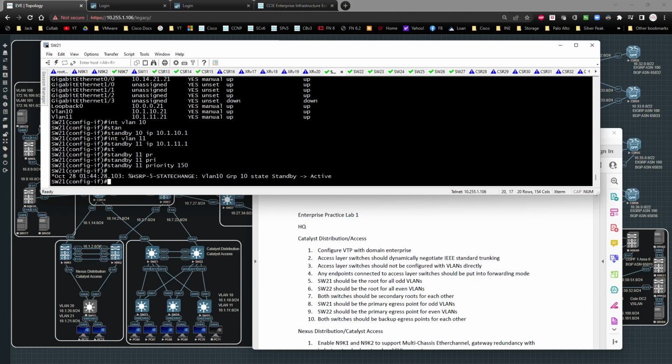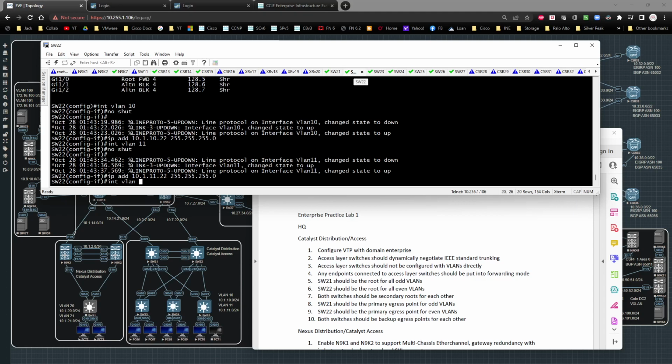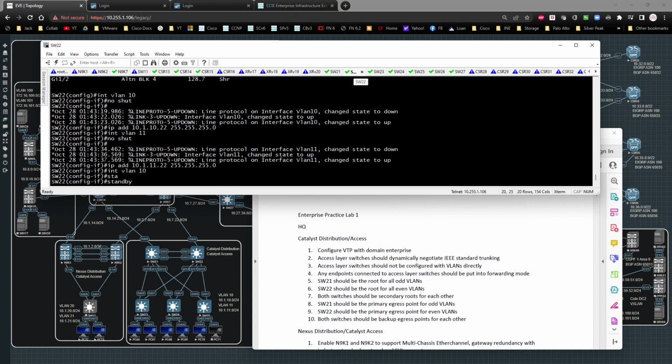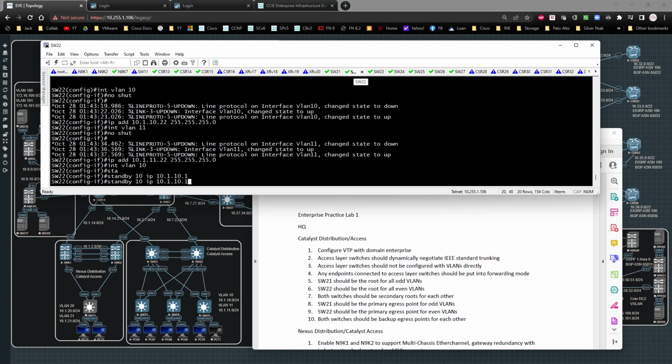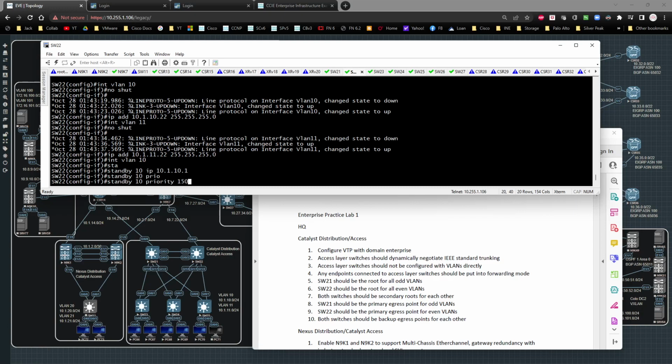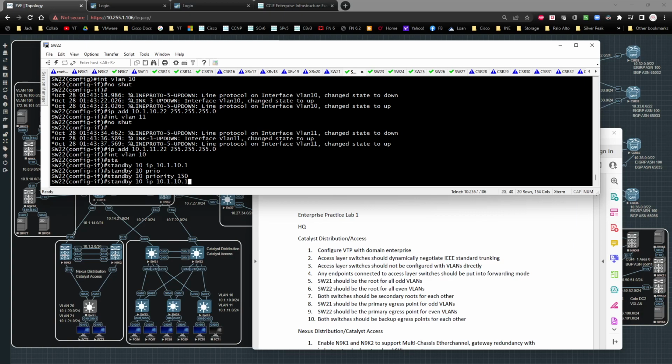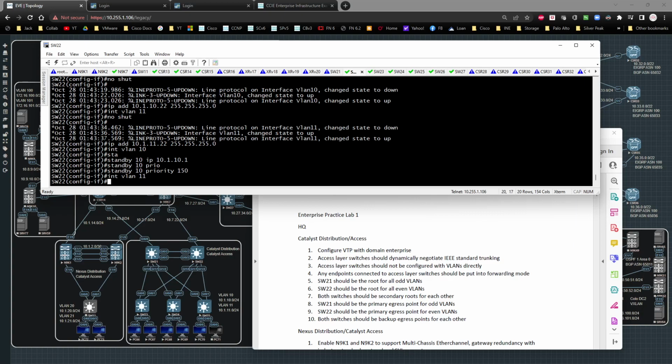So now I'm going to do the exact same thing on 22. Type in interface VLAN 10. I'm going to type in standby 10. IP is going to be 10.1.10.1. And the priority is going to be 150. And then we're going to do VLAN 11.